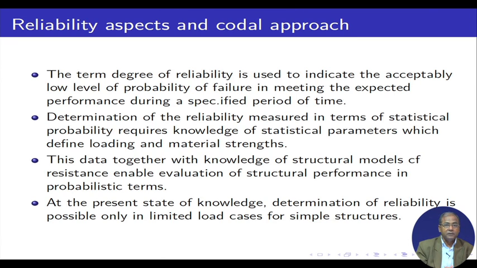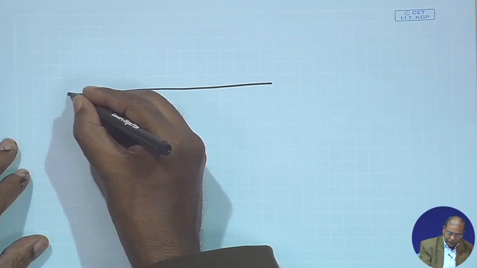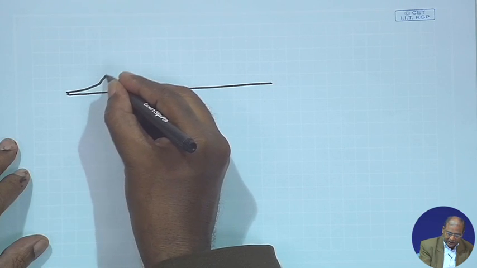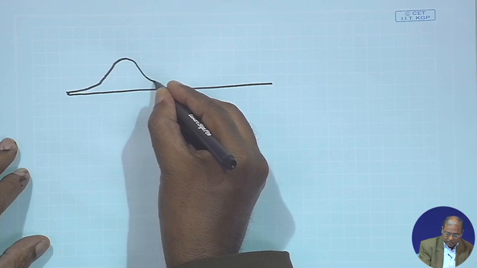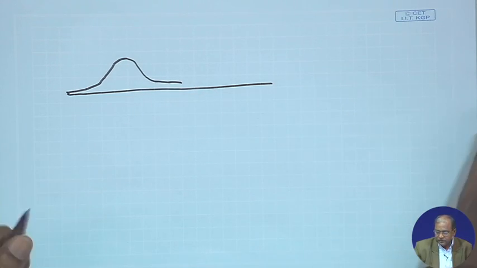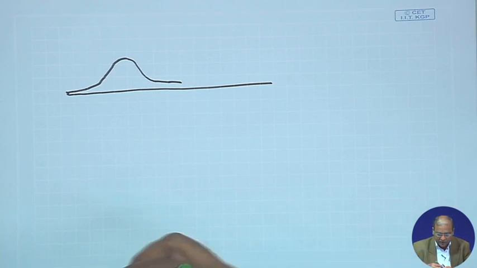Determination of the reliability measured in terms of statistical probability requires knowledge of statistical parameters which define loading and material strength. As I have told you in the fifth lecture, we have shown reliability like this.